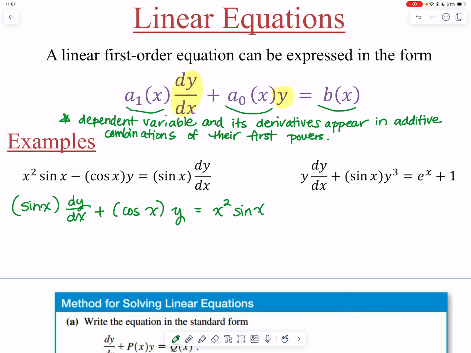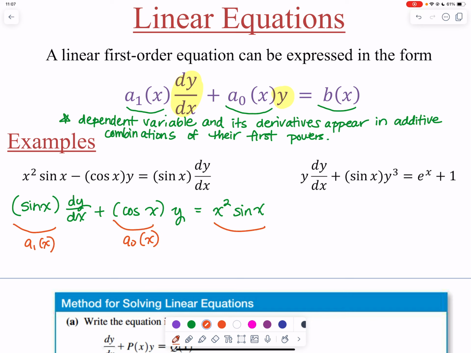So as you can see here, we have a function of x multiplied by dy/dx. We have a function of x, which is cosine of x. And here is our function of x on the right-hand side. So this is a linear differential equation.